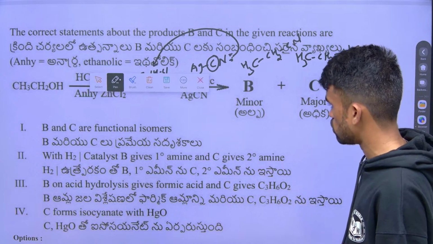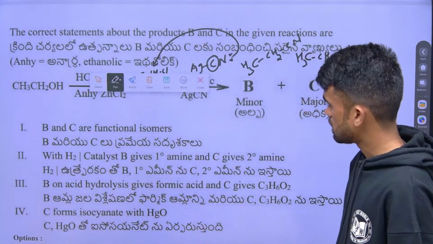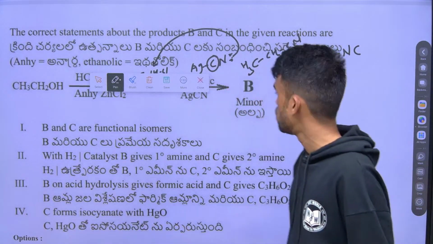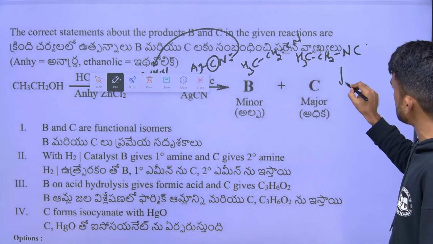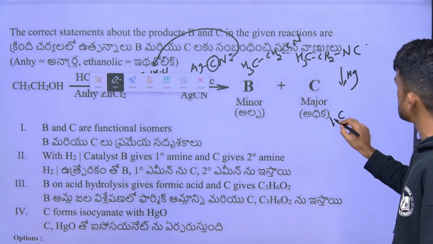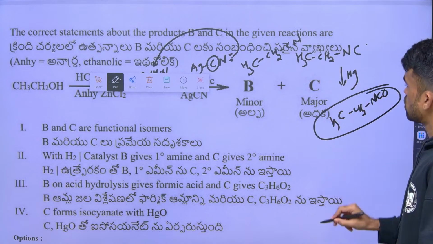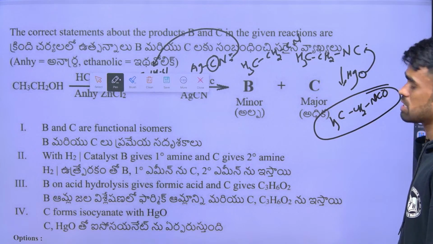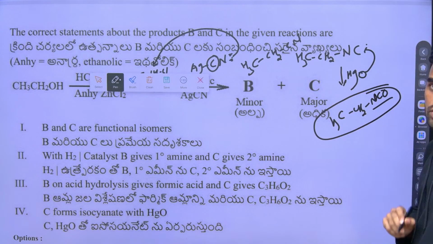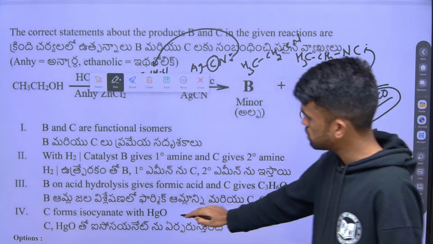Let us see one more thing: C forms isocyanate with HgO. Whenever I treat this with HgO, it becomes CH3CH2NCO, isocyanate. The oxygen is taken by the isocyanide group, forming isocyanate plus Hg. So this is also correct. Our fourth one is correct.